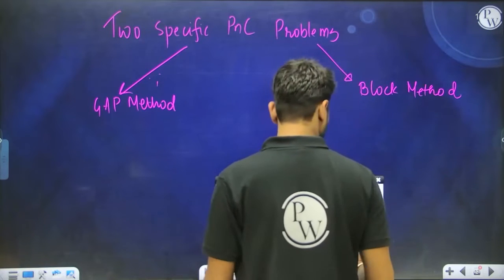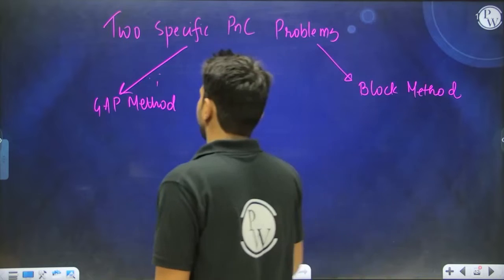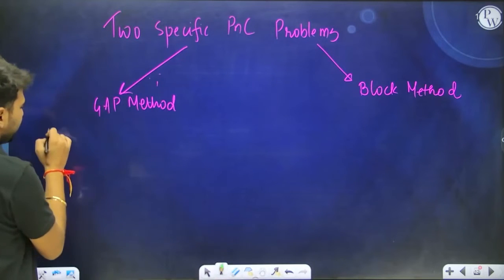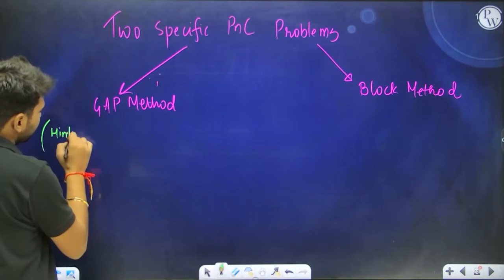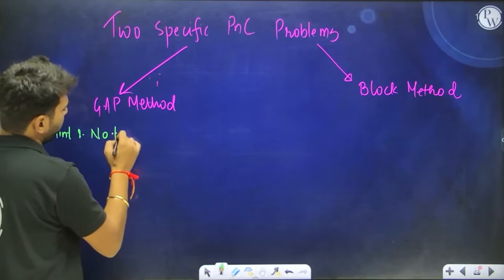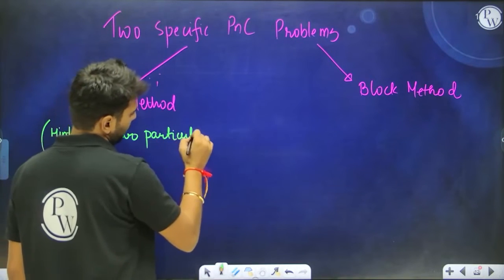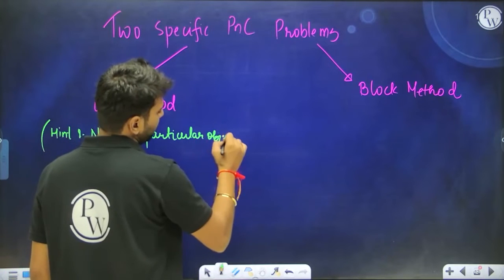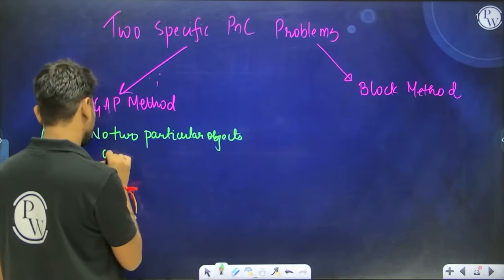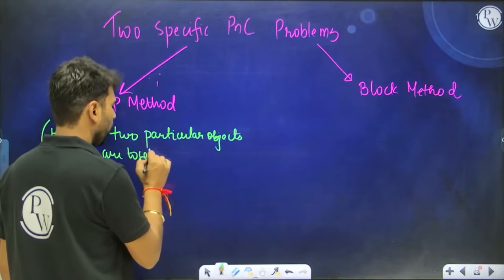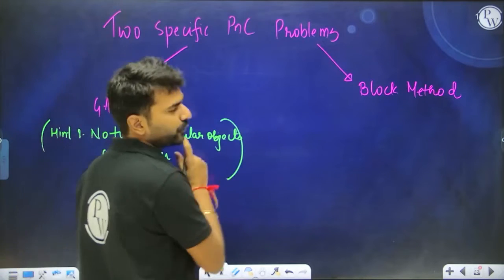Gap method is used whenever this statement is there. Hint: whenever this statement is there, no 2 particular objects are together. Whenever this statement is there, then you can use gap method.